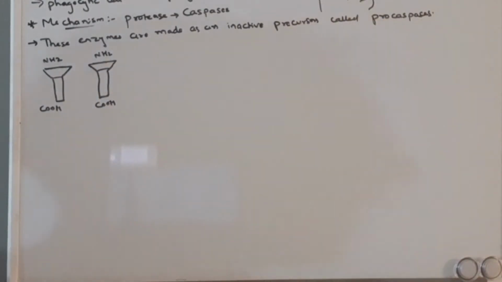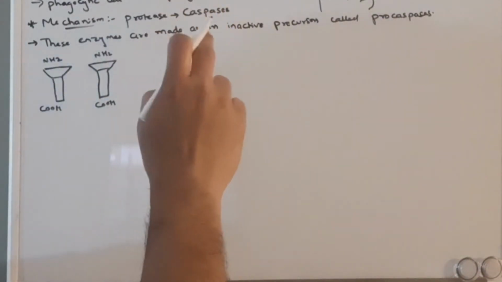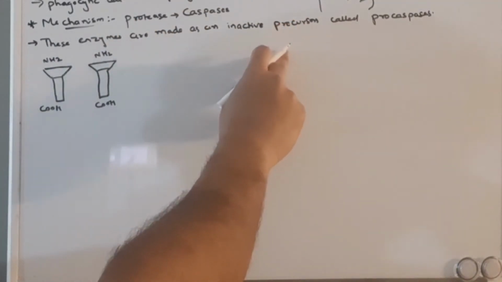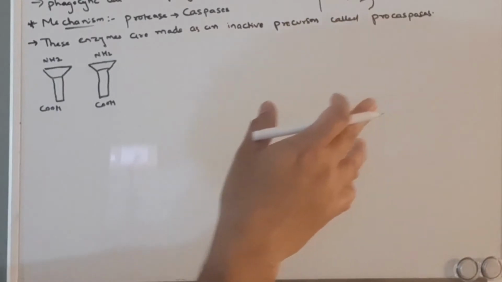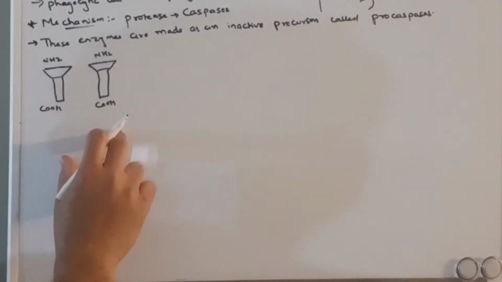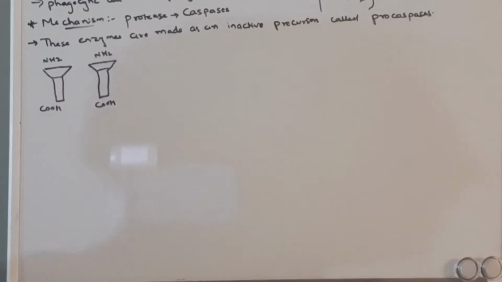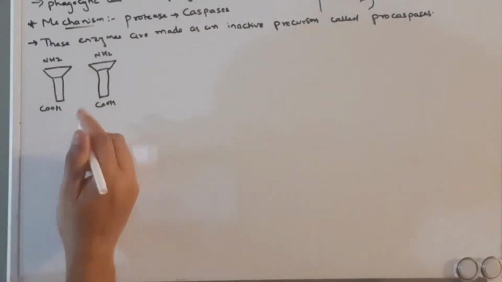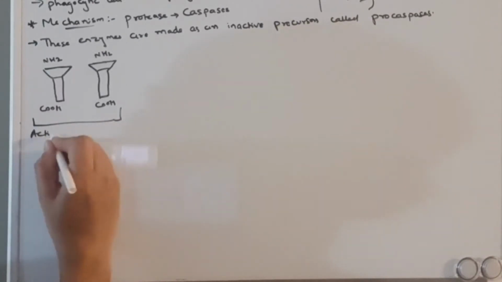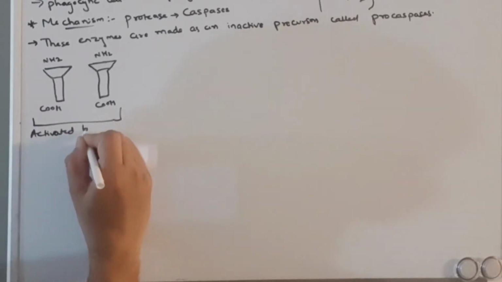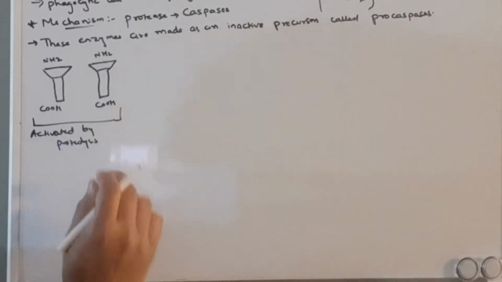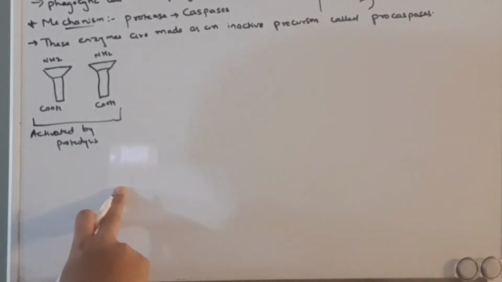Each suicide protease, that is our caspase, is made as an inactive precursor, our procaspase, and this precursor is activated by proteolysis.